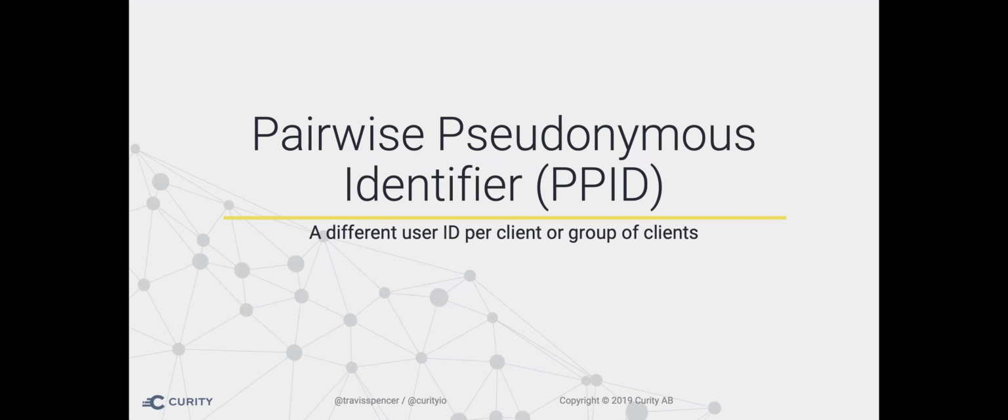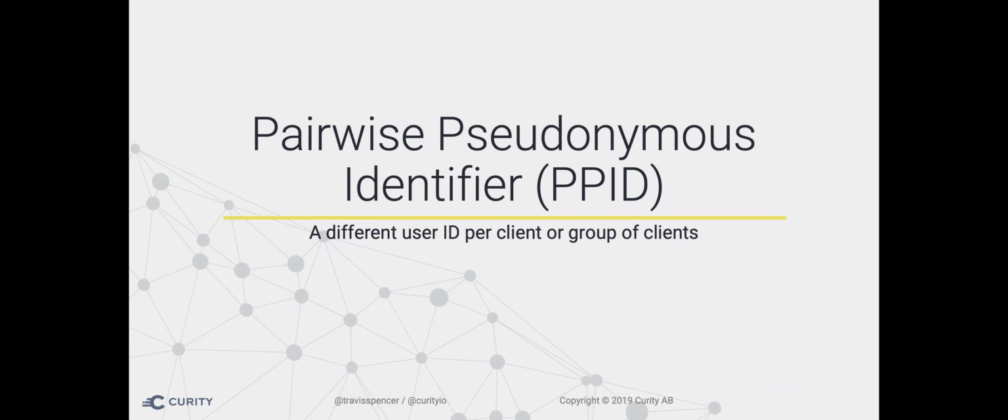Okay, something related to security, of course, is privacy. This is to help ensure that clients are not able to collude with other client applications and form profiles of the end user. We can use something called pairwise anonymous identifiers, and this will give the end user more privacy.